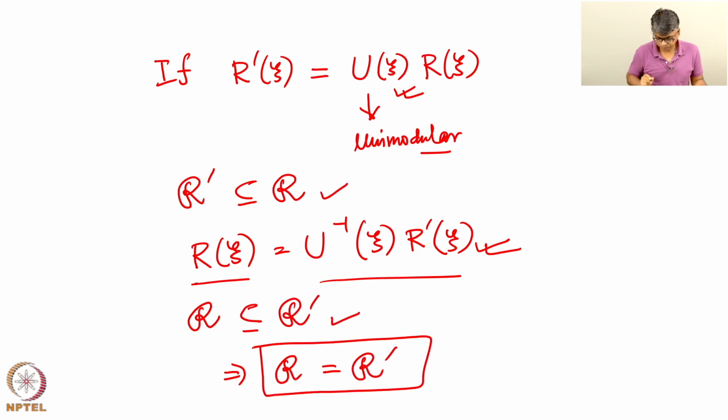So, you see, the crux of the matter is that if we have two behaviors given by two kernel representation matrices, if those two kernel representation matrices span the same row span, if R and R' are equal, then that means the behaviors are equal.